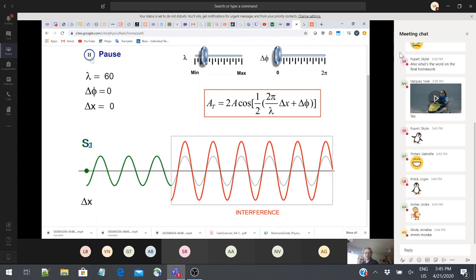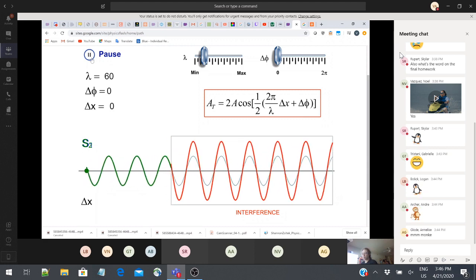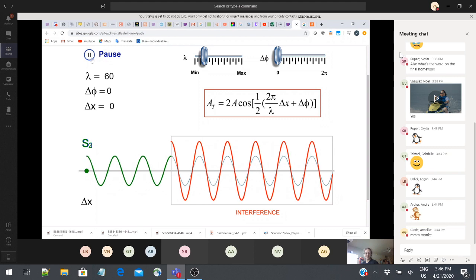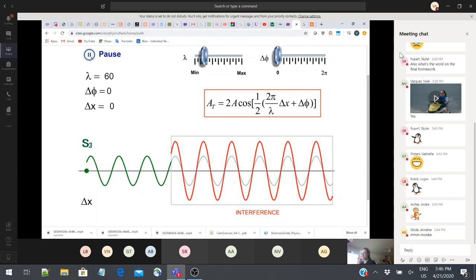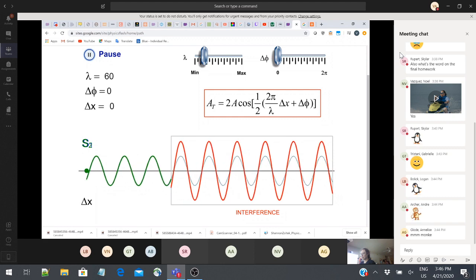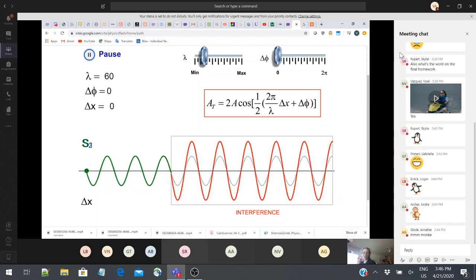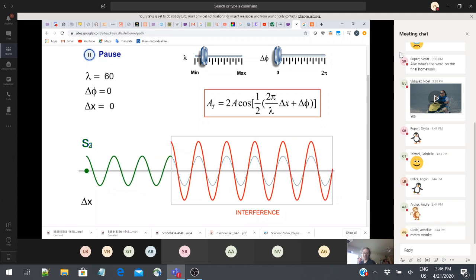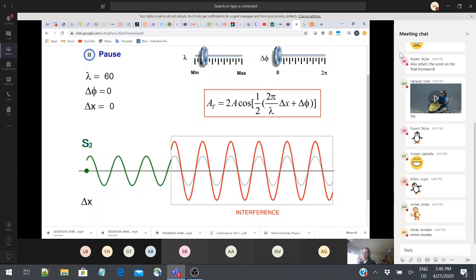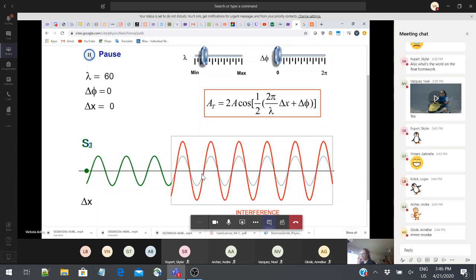Right. So the bit on the right is showing you their interference pattern. The key idea here is that anywhere along this line, along this axis, you're always getting the same type of interference. Are you standing right here, like right this location?